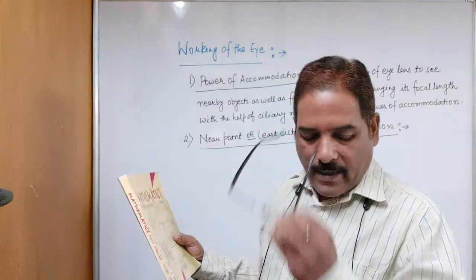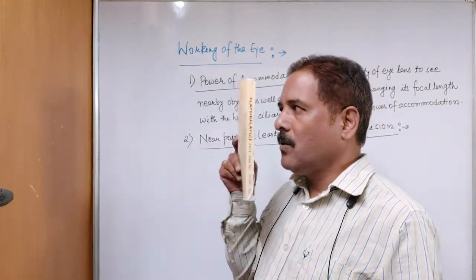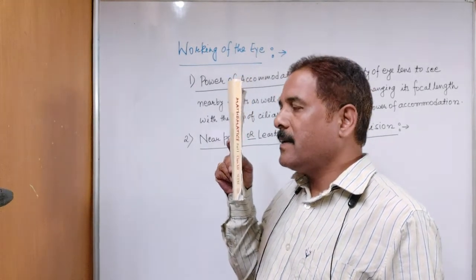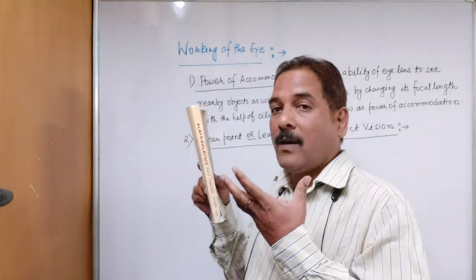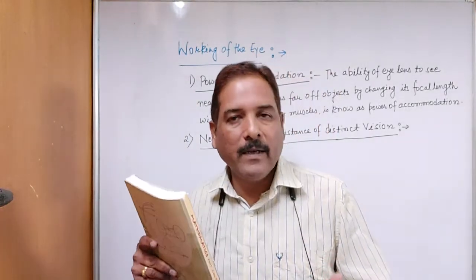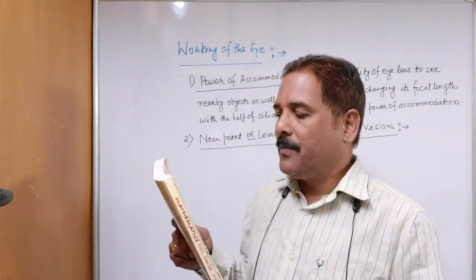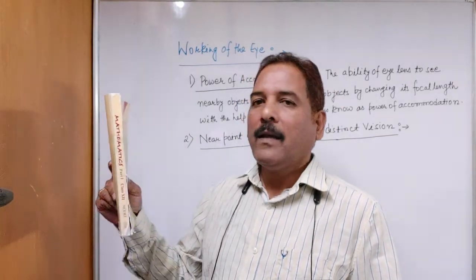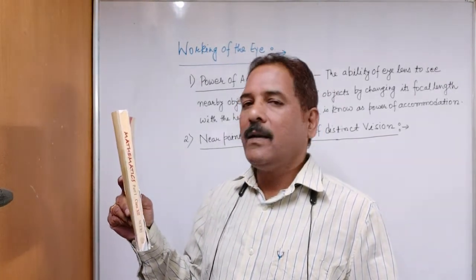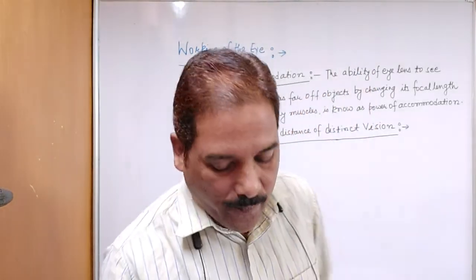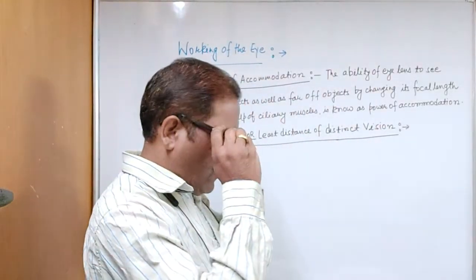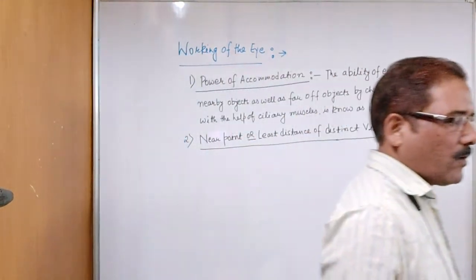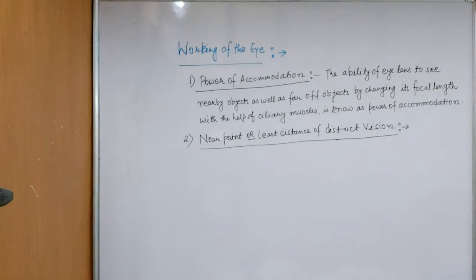Although you can say that yes, when objects are very close to the eye, then also we can see the object. But in this case, you have to put strain in your eyes. So without putting strain in your eyes, the minimum distance at which we can see the object clearly is 25 centimeter. So near point is 25 centimeter for a normal healthy eye.